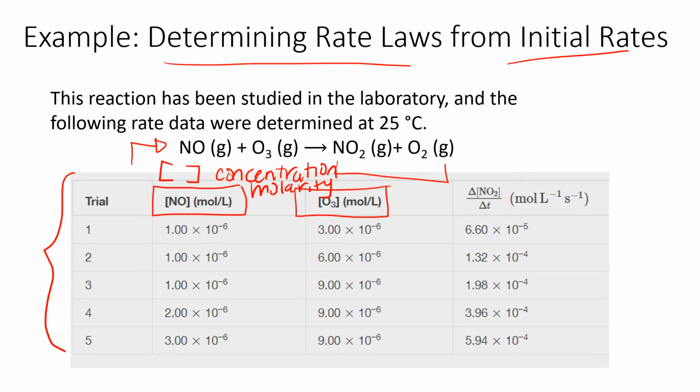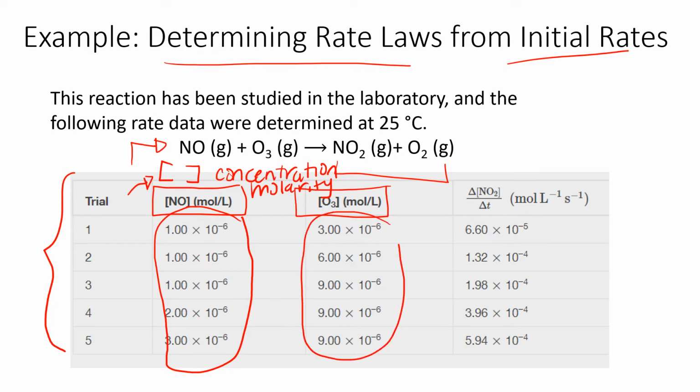So if we say concentration, that can be synonymous for molarity if that happens to be the unit that we're working with, okay? And these brackets typically mean molarity. So here, in terms of the data that we're given, we're looking at molarities of NO right here, right? And for O3, we are looking at molarities.